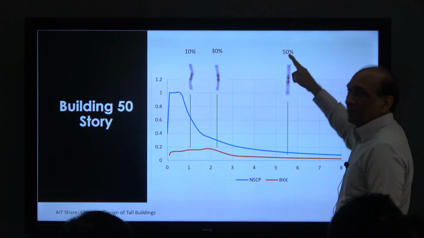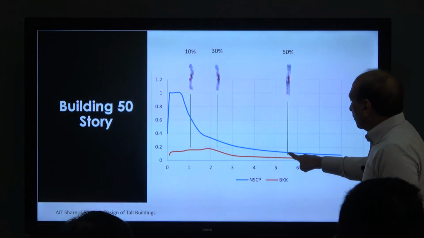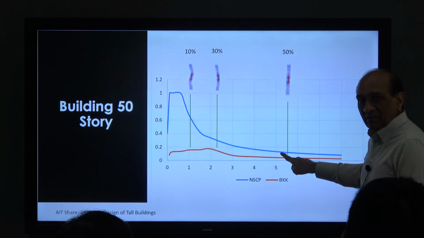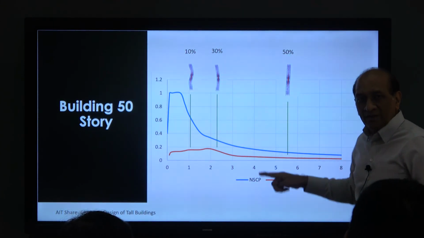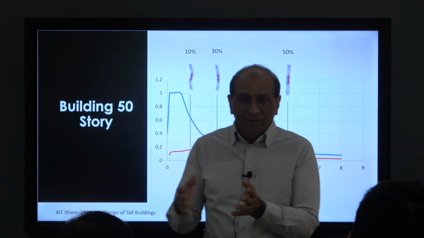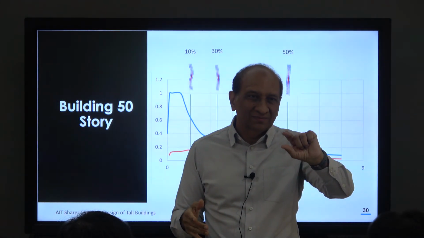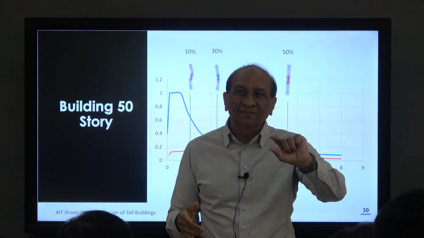50% mass participation, that means 50% of the mass is moving, but the corresponding response spectrum value is very small. So even though very large mass is moving in that mode, it will be multiplied by very small acceleration. So the force generated will be very small.